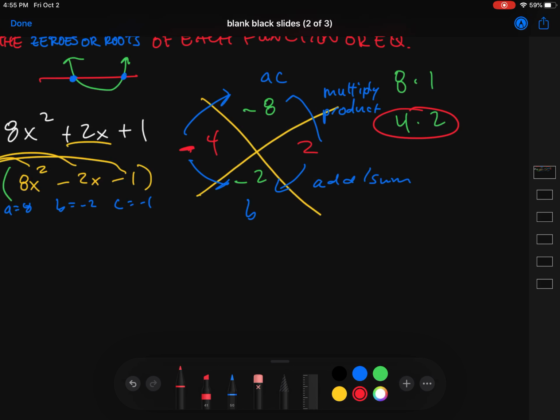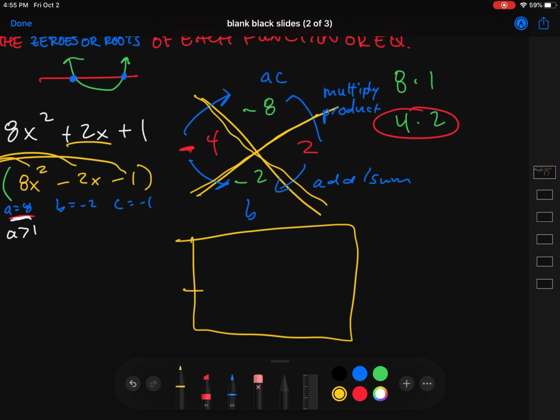Now, remember, when your a value is greater than 1, you have to do both this x method and you have to do the box. Okay, so let's do the box. How does the box work?